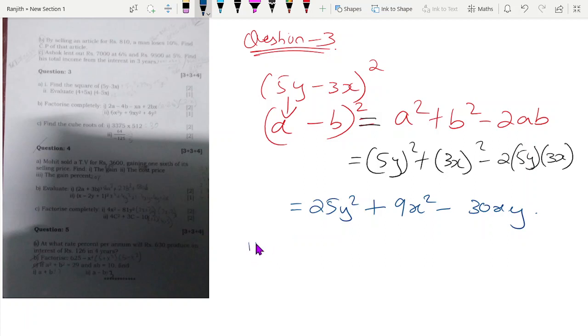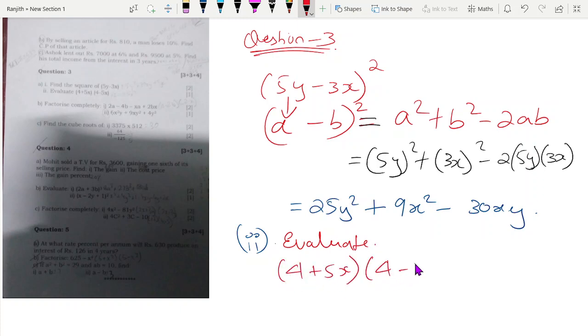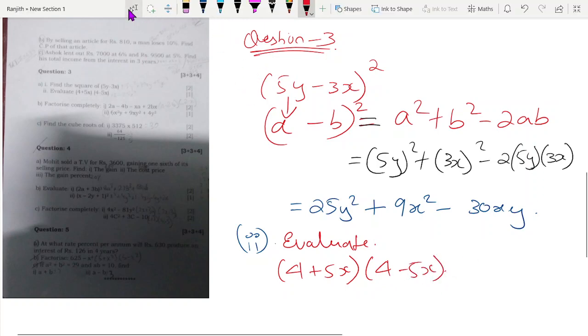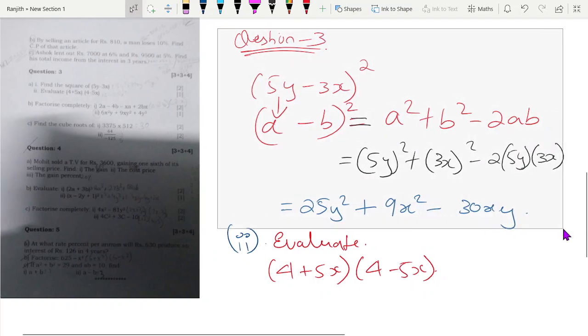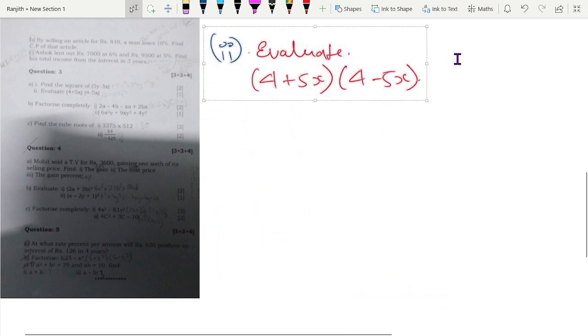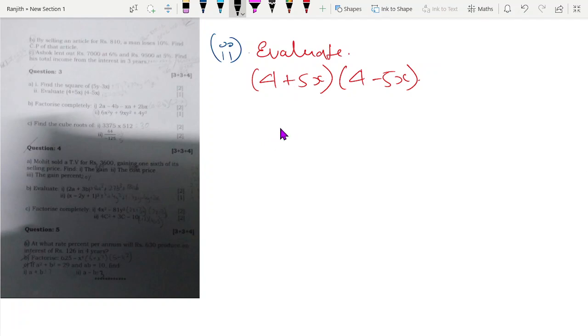Third main first question. How to solve the first one? Okay, try the second question. How do we solve this second one?